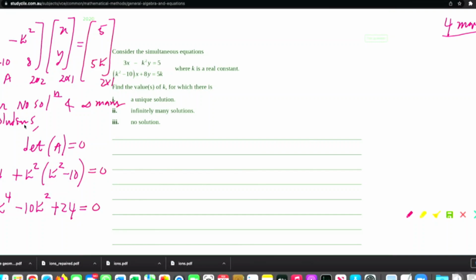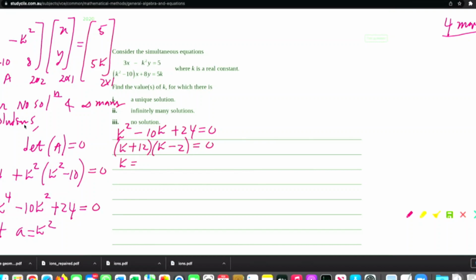Exactly. So you have to say let A is equal to k squared. So then you can say A squared minus 10A plus 24 is equal to 0. So this should be what now? A plus 12, A minus 2?